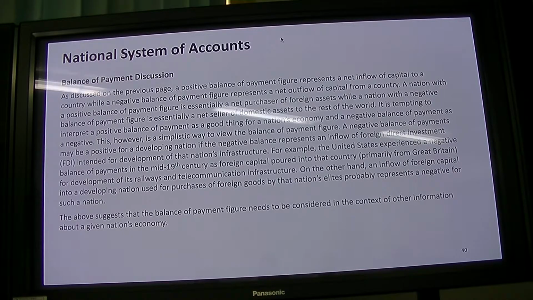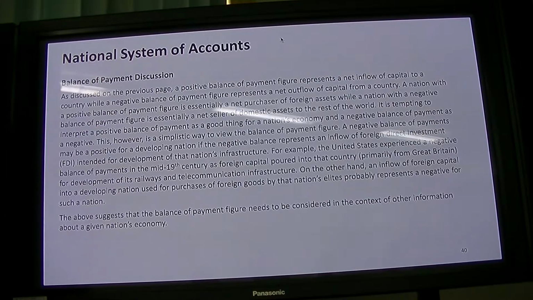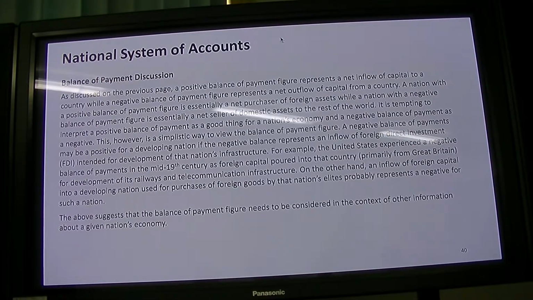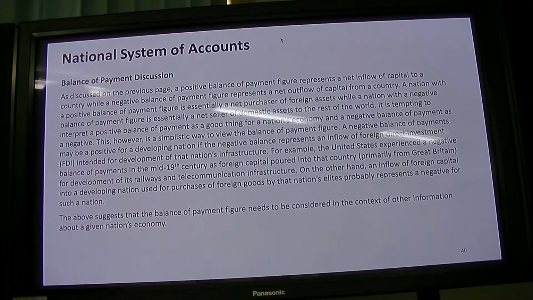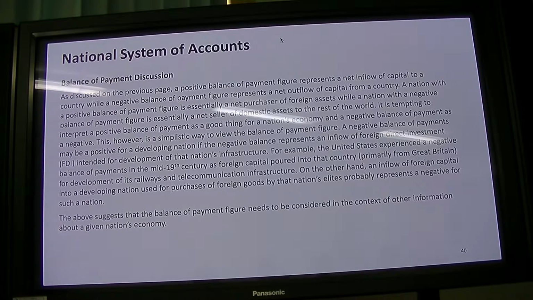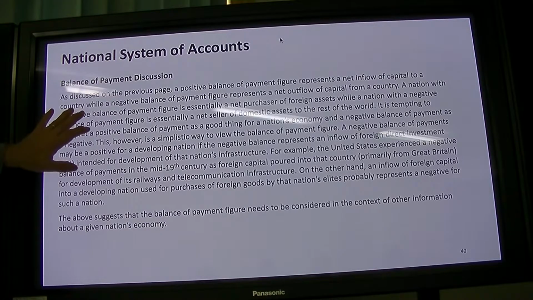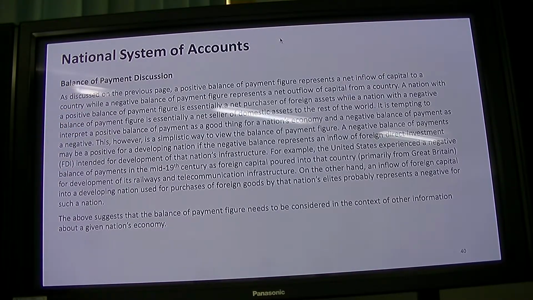In other words, a country with a positive balance of payments is a net investor in the rest of the world. So if a country is acquiring more assets outside of the country, that can be a positive thing, particularly for a relatively developed country. We've seen that with Japan. Japan has made a lot of investments outside of Japan, and is having a positive impact because there's a lot of investment income that is able to come into the country.